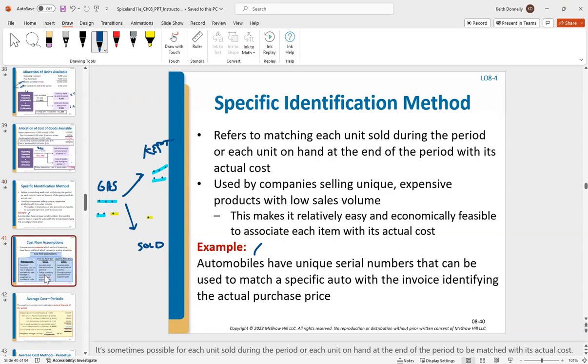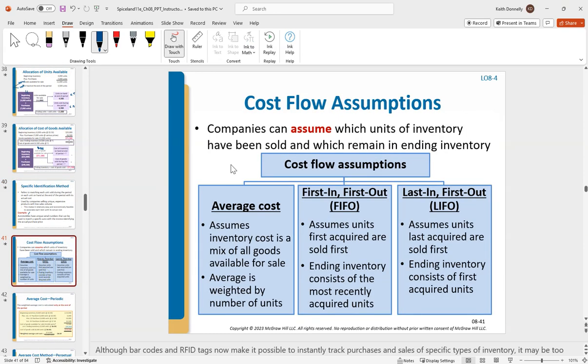So in those situations where we have a lot of raw, homogeneous, similar goods, we are going to make an assumption, basically take the stance and say, look, we'll never be able to individually track 700,000 Bic pens that we sold and 300,000 that we kept. So we're just going to make an assumption and look at really the physical flow on these.